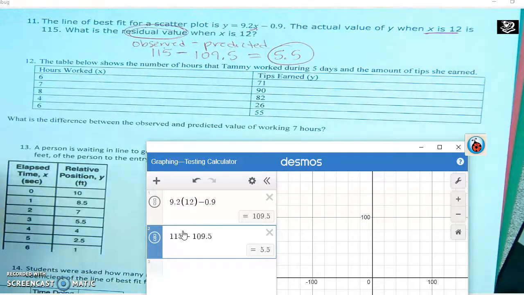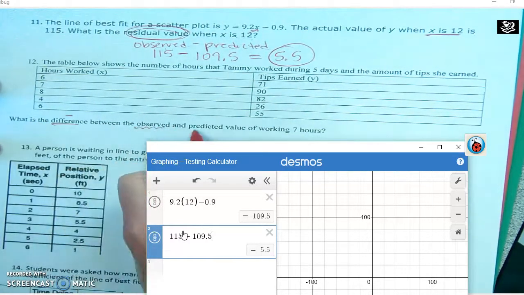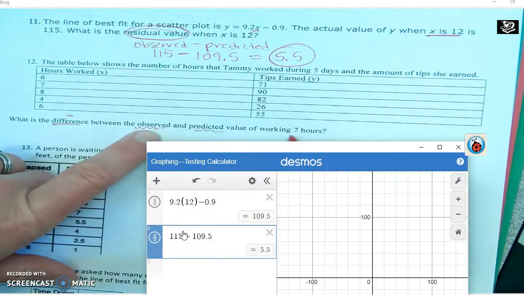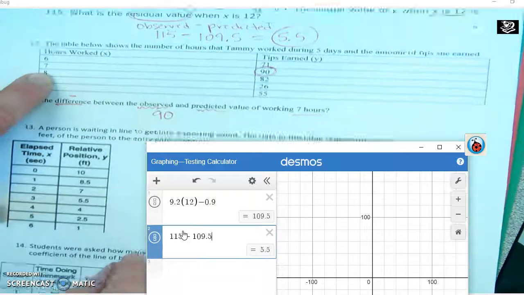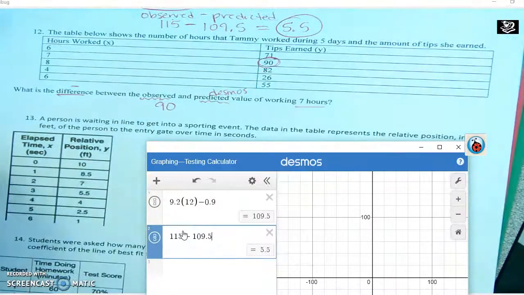Number 12 is asking for the difference. So again, you have to subtract between the observed and the predicted. So observed, again, is what you see. So for 7 hours, you see that it is 90. And so to get the prediction, you have to use Desmos.